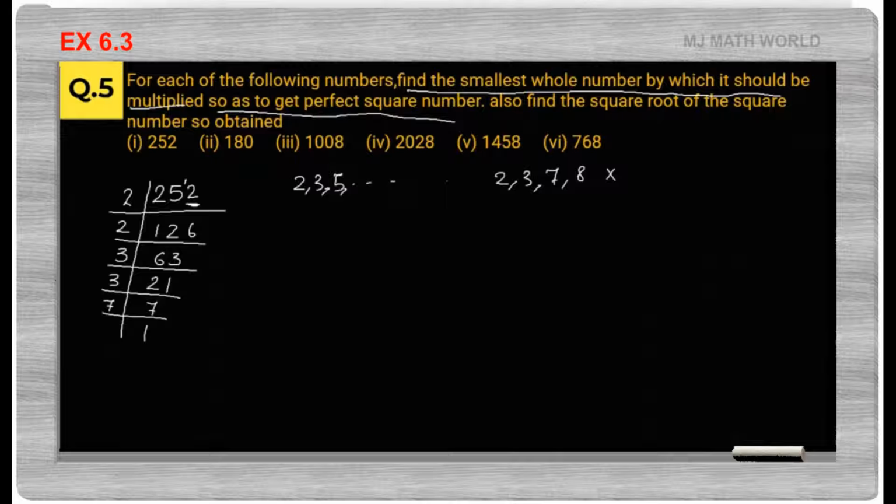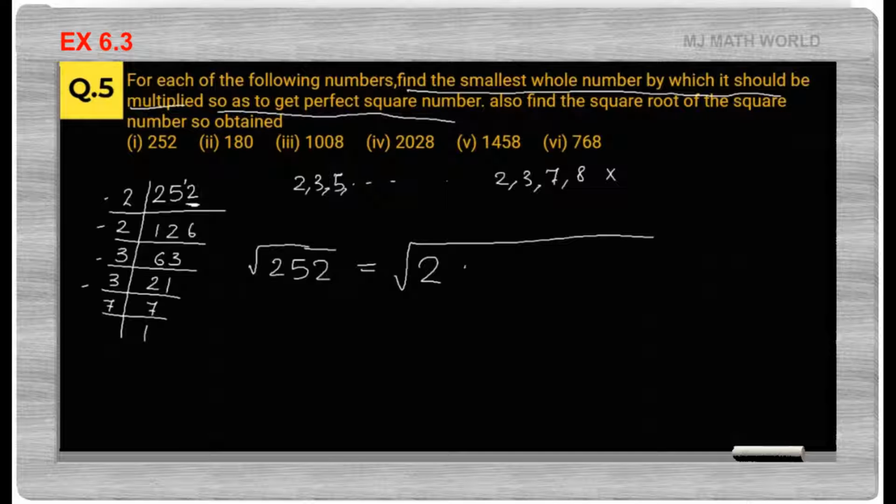This means the square root of 252 is equal to the square root of 2 into 2 into 3 into 3 into 7.